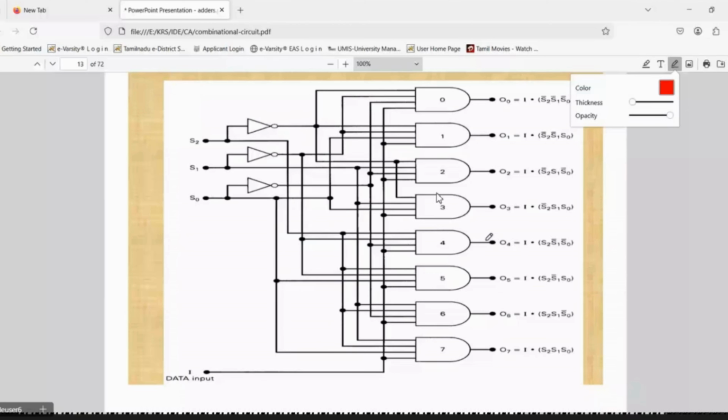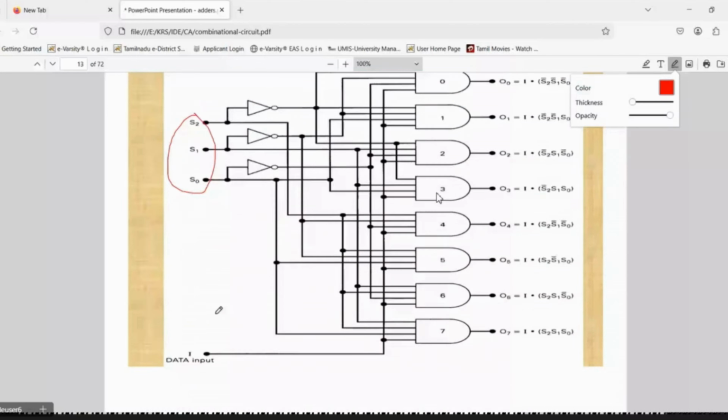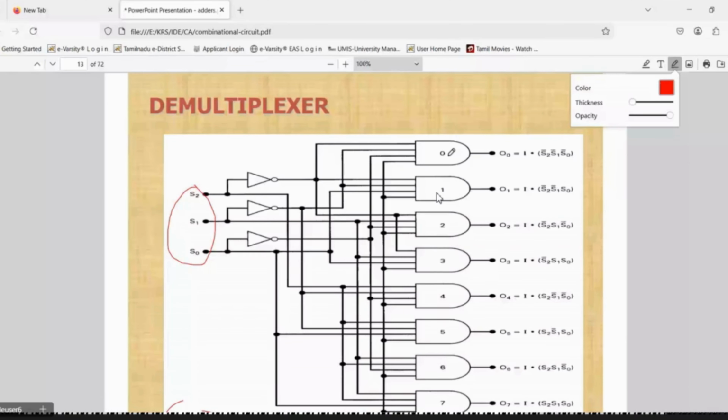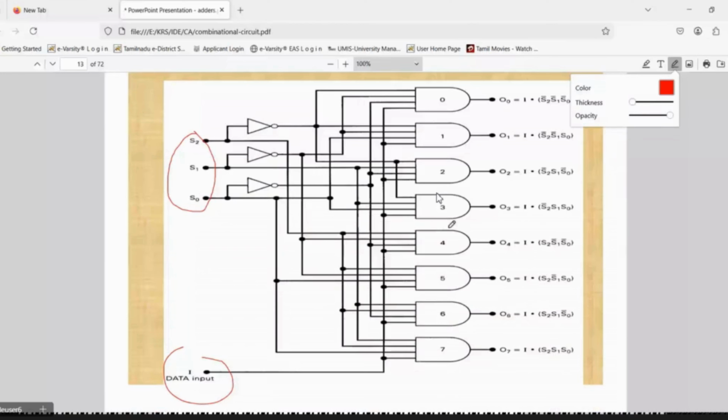So it's a logic diagram of 1 by 8 demultiplexer. There are 3 selection lines, 1 input line, and 8 outputs: 0, 1, 2, 3, 4, 5, 6 and 7.